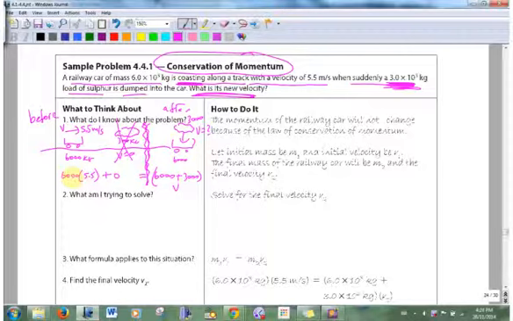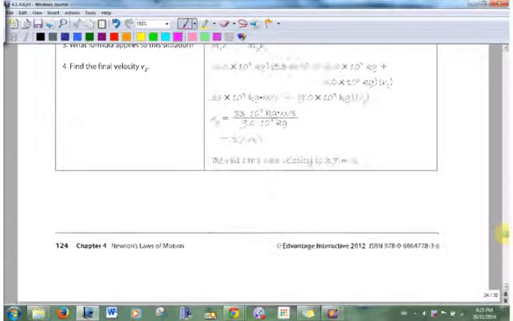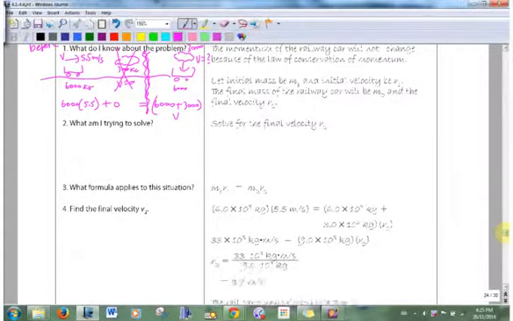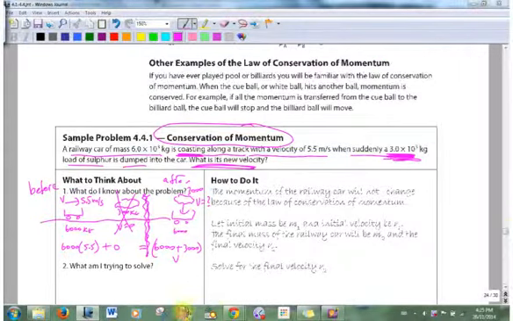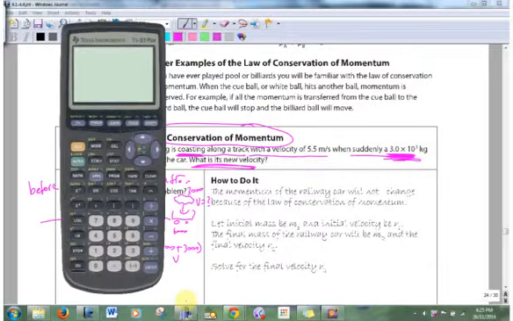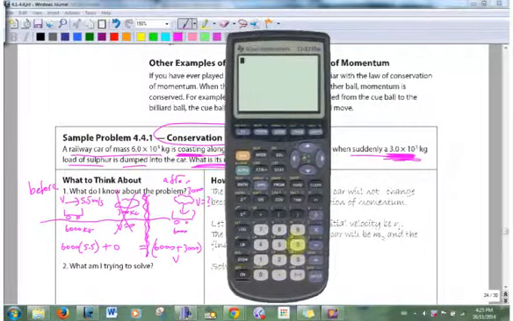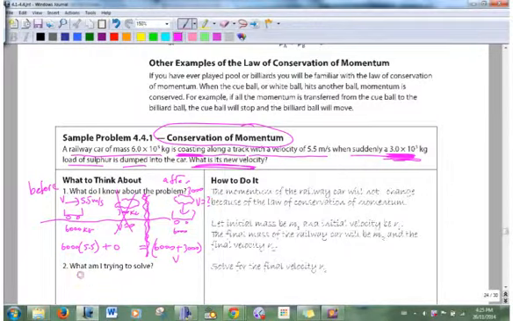So 6,000 times 5.5, that's the momentum before the collision. 33,000 kilogram meters a second.